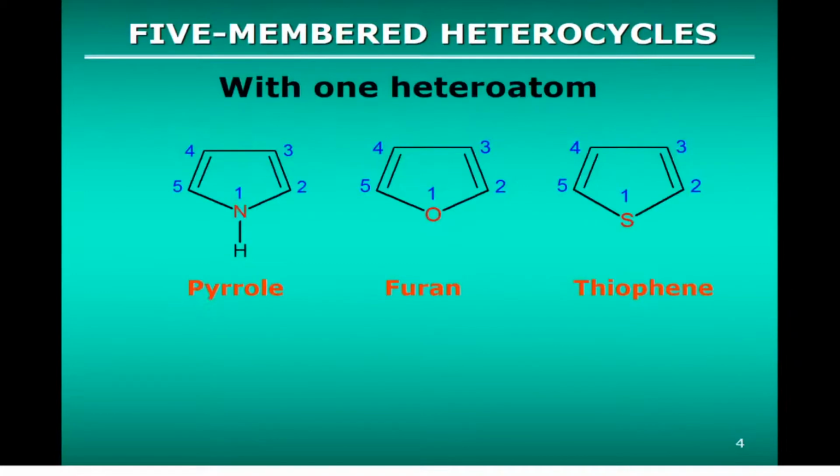From 5-membered rings, the most important, and they are aromatic, are pyrrole, furan, and thiophene. These three heterocyclic compounds contain one heteroatom, nitrogen, oxygen, or sulfur, and they are aromatic according to their structure and saturation degree. Why they are aromatic, I want to remind you how to prove this.